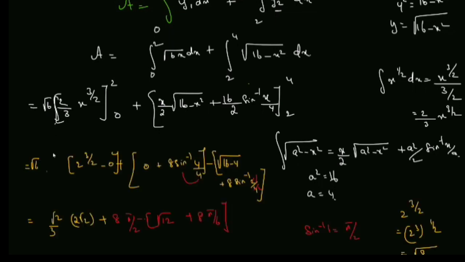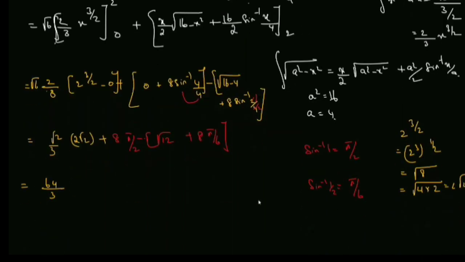So root 6 times 2 by 3 x power 3 by 2, applying the upper limit, 2 power 3 by 2 minus 0, plus apply the upper limit to the second part. It becomes 4 by 2 root of 16 minus 16, which is 0, plus 8 sine inverse of 4 by 4, minus, then apply the lower limit: 2 by 2 is 1, root of 16 minus 2 square is root 12, plus 8 sine inverse of 2 by 4 is 1 by 2.